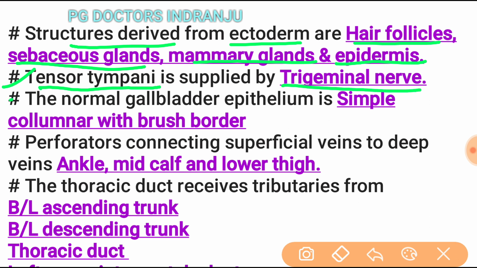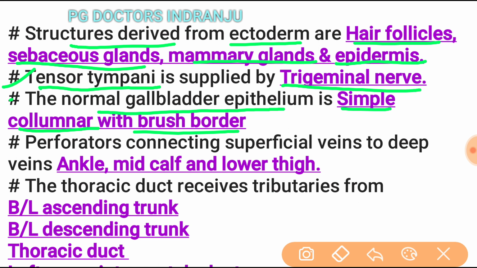In the normal gallbladder, the epithelium is lined by simple columnar with brush border. You can easily remember the epithelial lining of the GIT system.